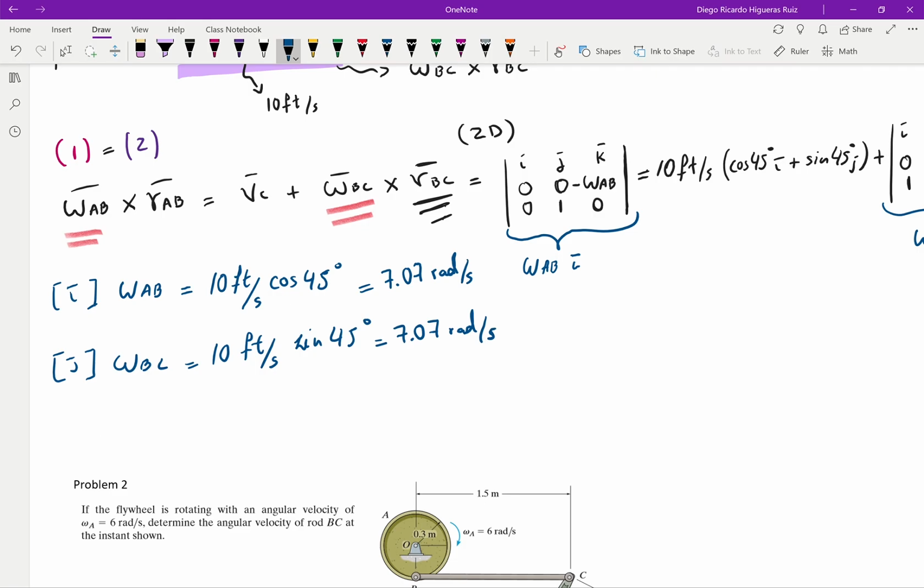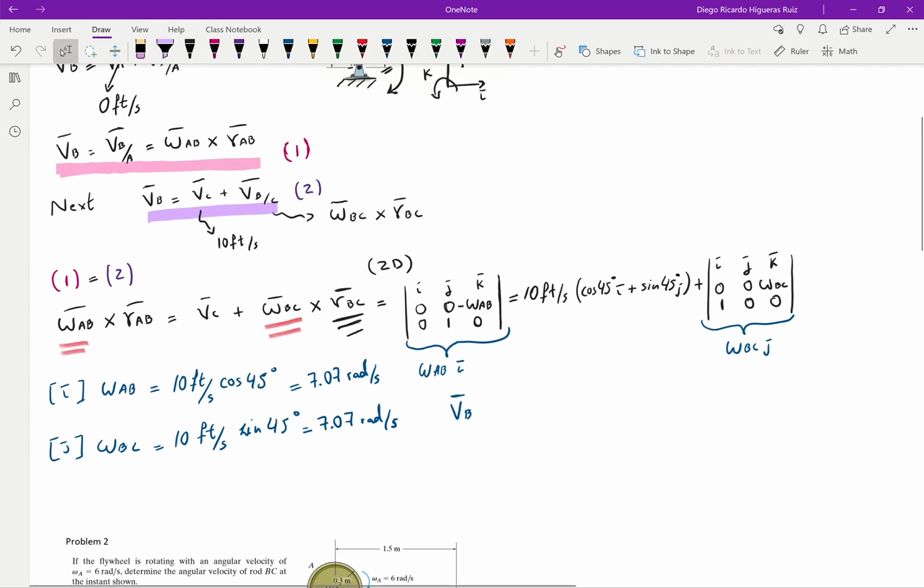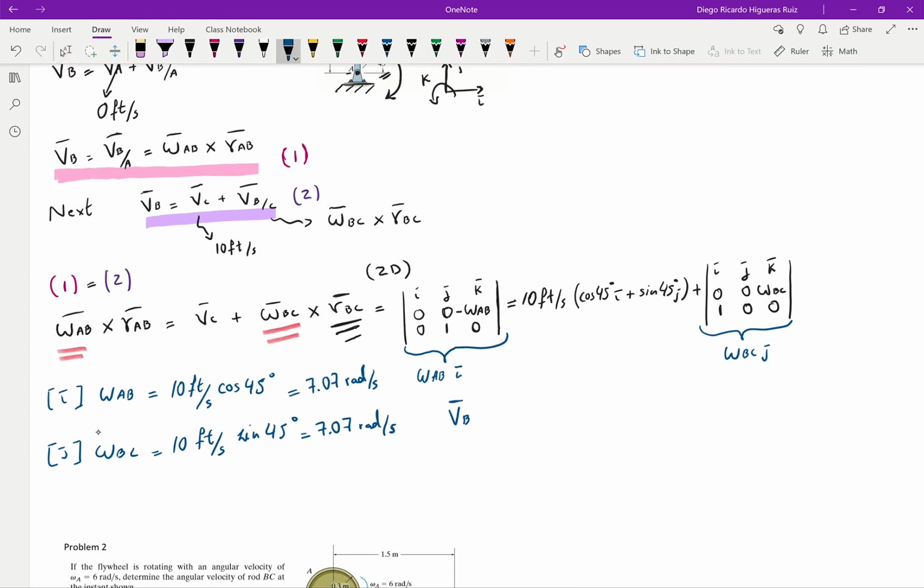Now, if I want to calculate VB, we can go back to my equation number 1, and I can say VB is equal to omega AB cross product RAB.